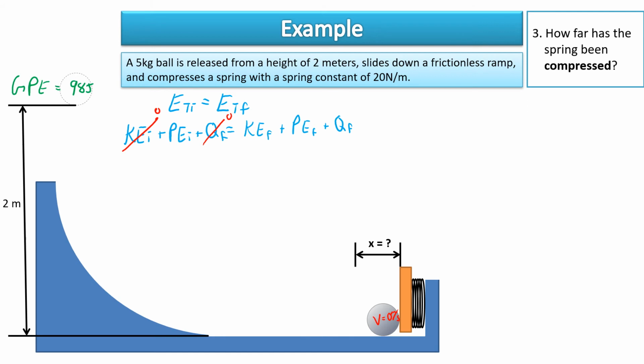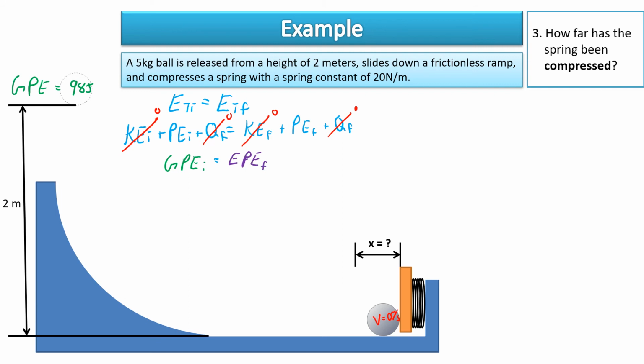And at the end, there's no kinetic energy. There's elastic potential energy, but again, there's no friction. So GPE initial is equal to the elastic potential energy, EPE, at the end.